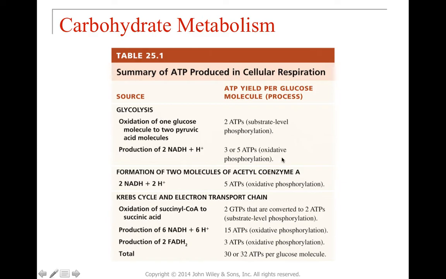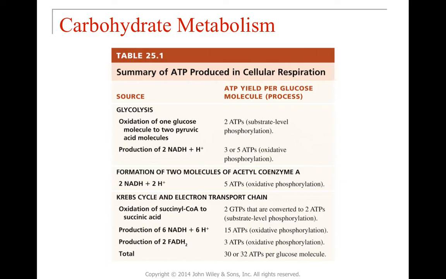But you put 2 in, so it's a net. So we get 2 ATPs net. And then we also are going to create 2 NADH plus hydrogen ions, which later on are going to turn into 3 to 5 ATPs, depending on how it's used. And so when you see us say 30 to 32 ATP molecules, this is that variable region, the production of the NADH plus the hydrogen, that can be used during 2 different pathways.